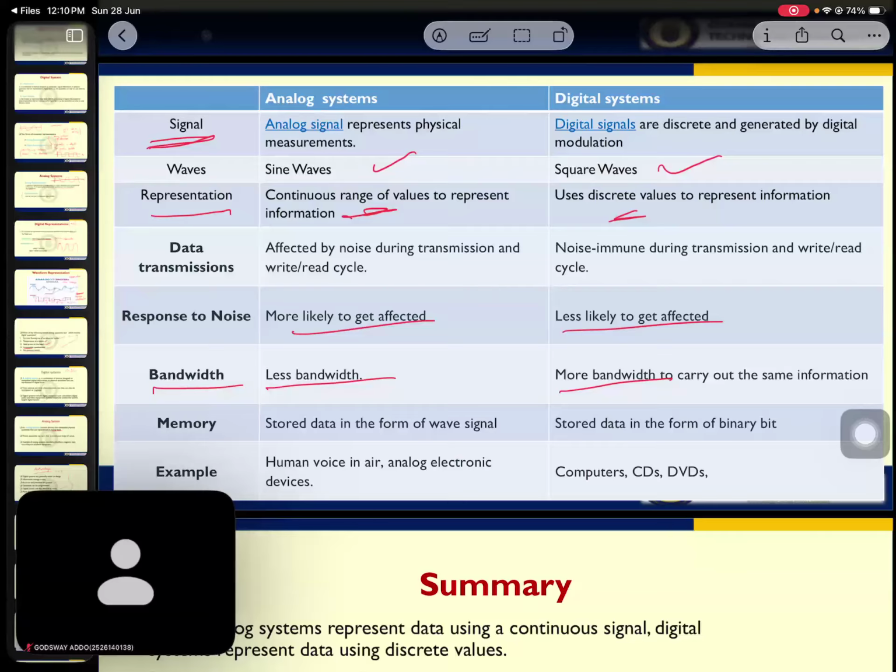But if we have a class that can take 100 students and you bring 50 students inside, then it means that there is still space or capacity to carry more information. The more bandwidth you have, the more information you can transmit at a time. So the larger the class size, that's what it means by bandwidth.